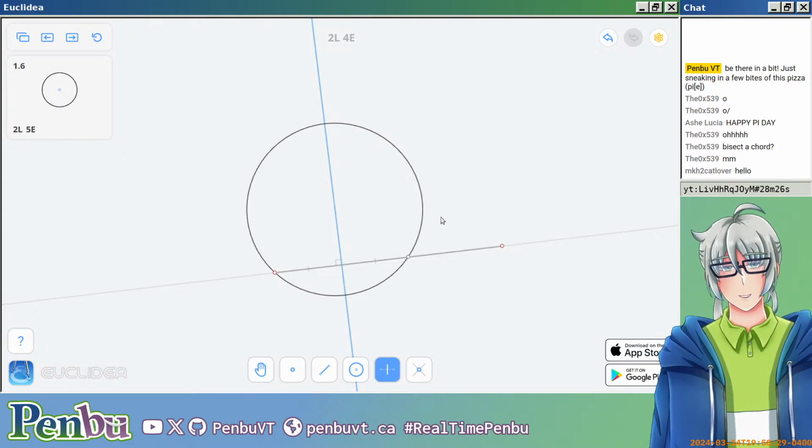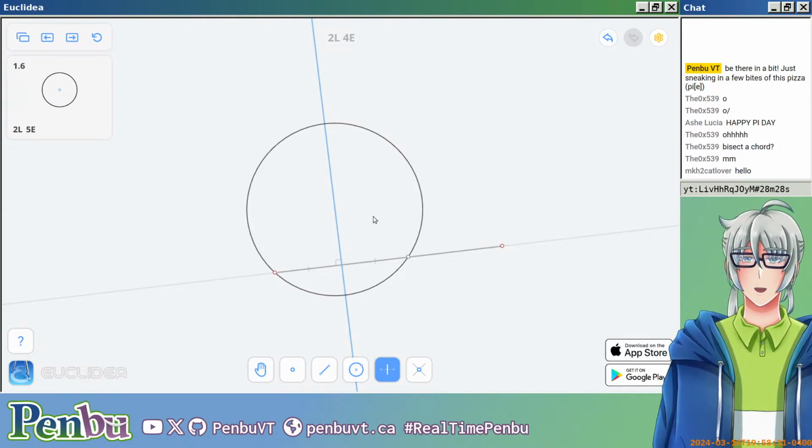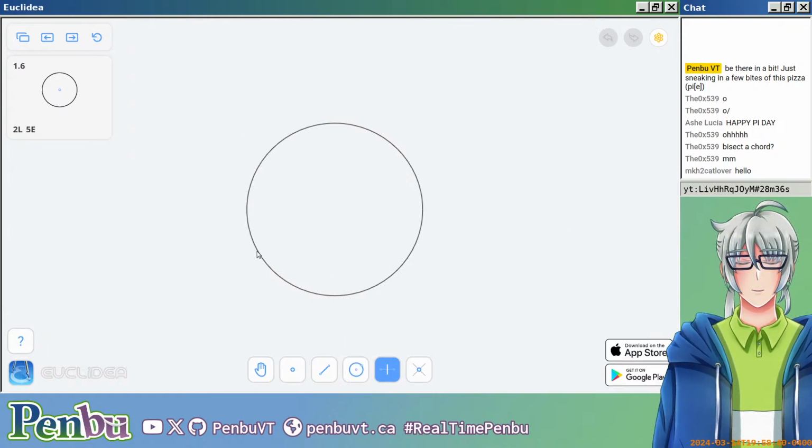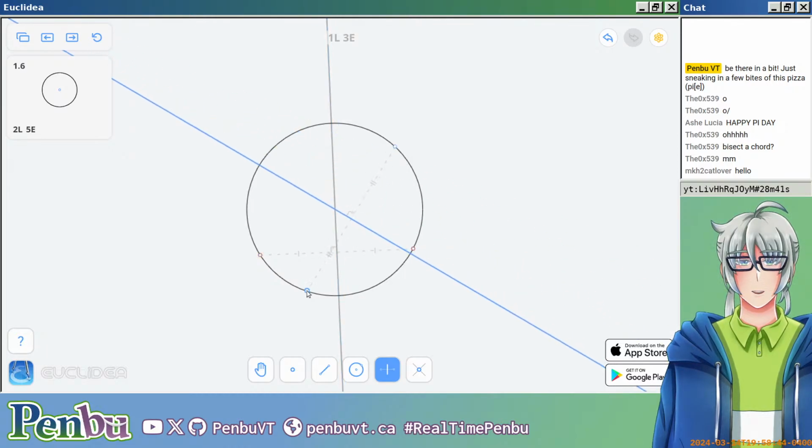Okay, maybe bisecting a chord isn't the way to go, but you do have to find the middle somehow. So maybe is it just 2 bisectors? But then you aren't guaranteed to have it exact because you can't be exactly on.